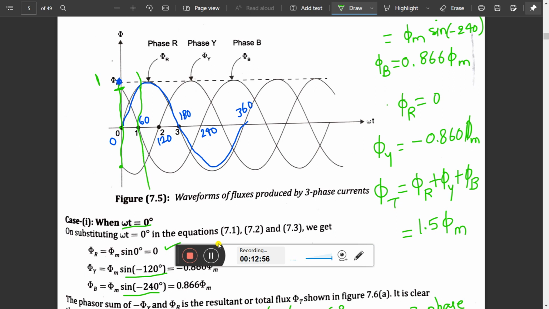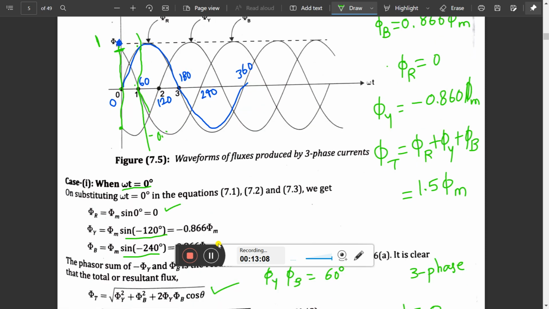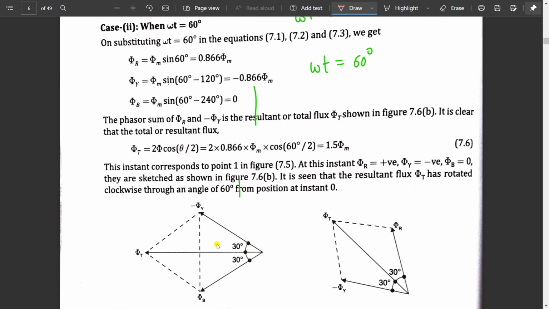At this point you will get only phi r value, and the phi b value is equal to 0. Observe this, phi b value is equal to 0 and phi y is around minus 0.866 phi m.